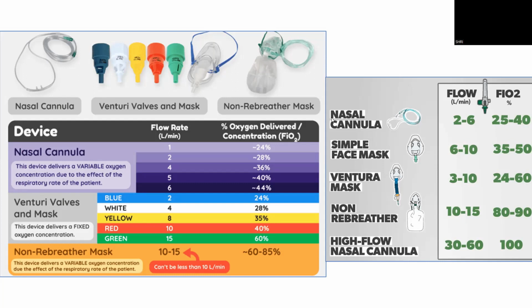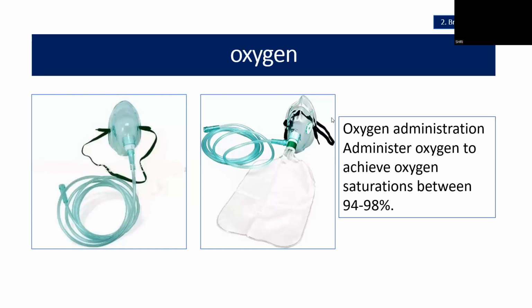When you consider the non-rebreathing face mask, you're going to apply 10 to 15 liters of oxygen through it. Suppose a patient is coming with trauma and is maintaining saturation around 92, 93. Then you can apply oxygen through a simple face mask, that is, the Hudson face mask.